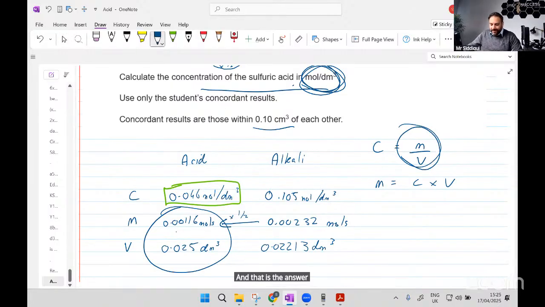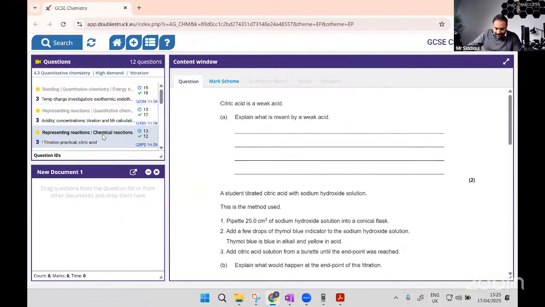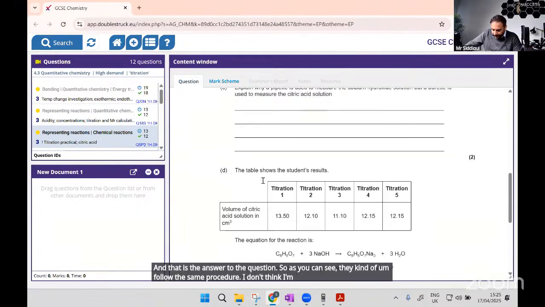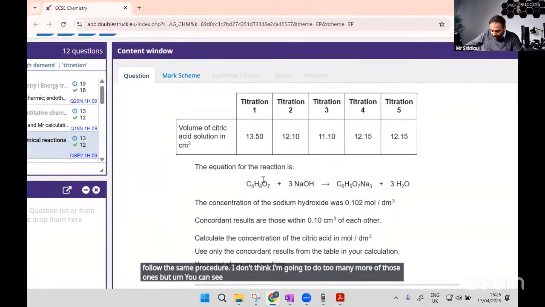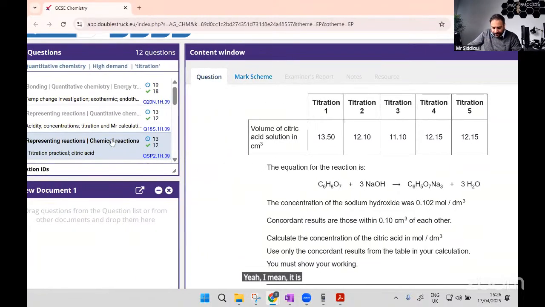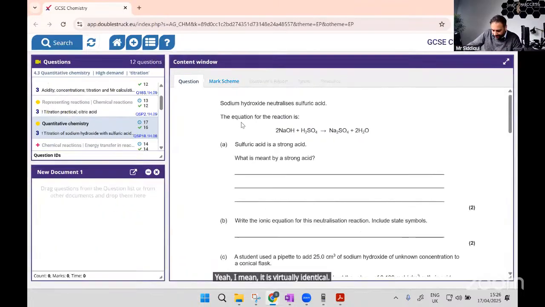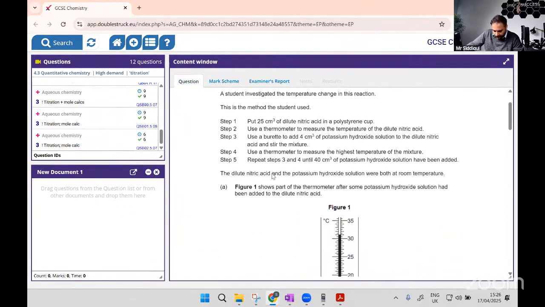So as you can see, they follow the same procedure. I don't think I'm going to do too many more of those ones, but you can see this being virtually identical as a question. There's quite a lot of these I've got, obviously.